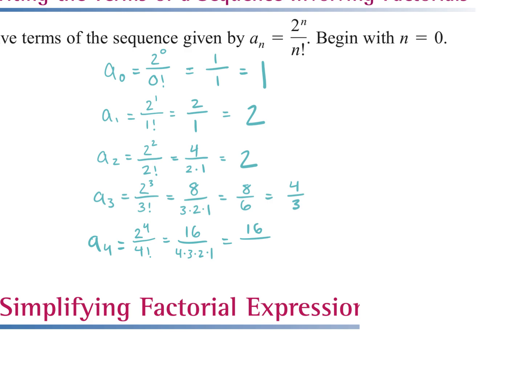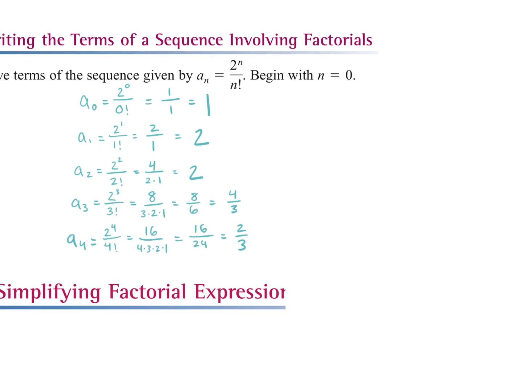So 4 times 3 would be 12, times 2 would be 24. So we get 16 over 24, which would simplify to what? Awesome, 2/3. We can divide them both by 8. So our first 5 terms here would be 1, 2, 2, 4/3, 2/3.